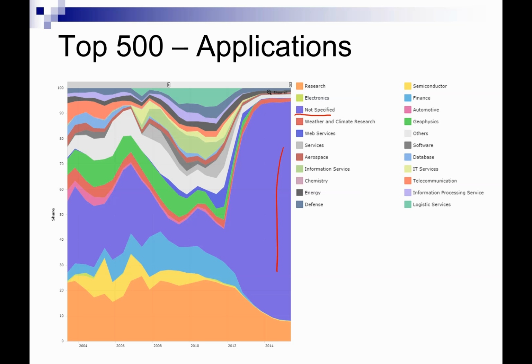But even though it's not specified, what's actually happening is that these supercomputers are being used for many different applications, not one specific application. And what are these applications? Well, there are still some applications listed over here.